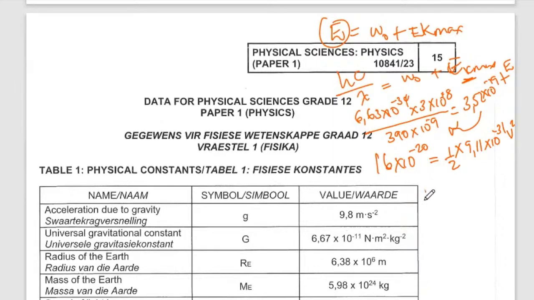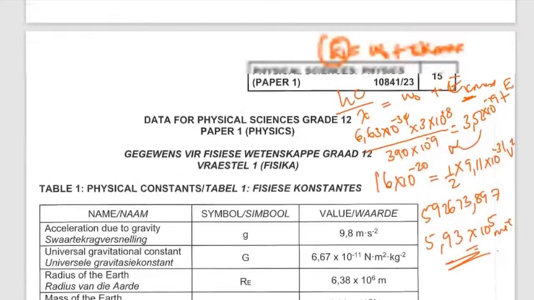So it's 5.9 times 10 to the 5. That's what I'm getting without the rounding offs. With rounding off, you may get a slightly smaller or slightly bigger answer.